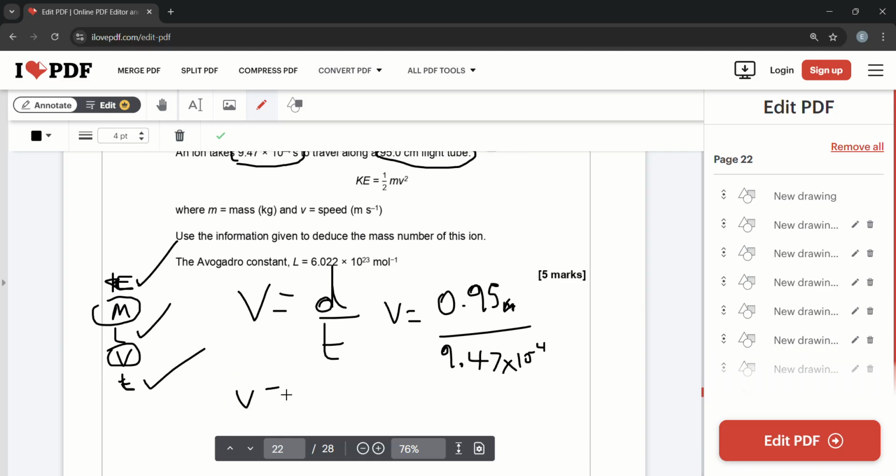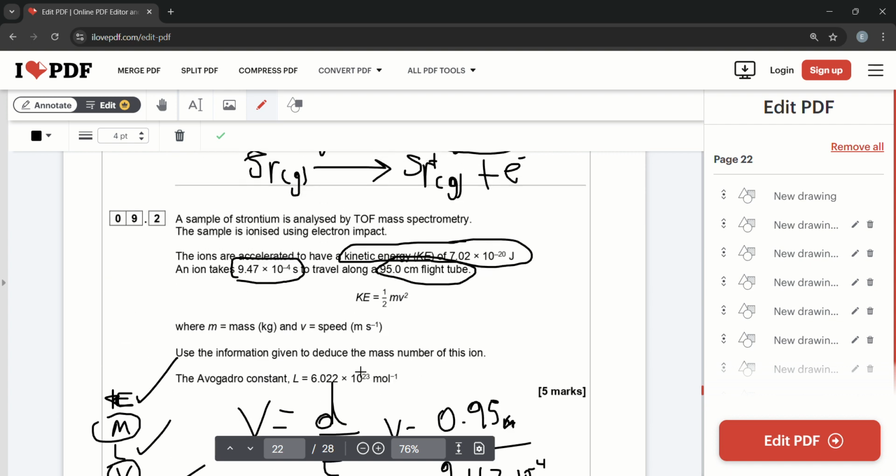Therefore, we get velocity is equal to 1003.16789.